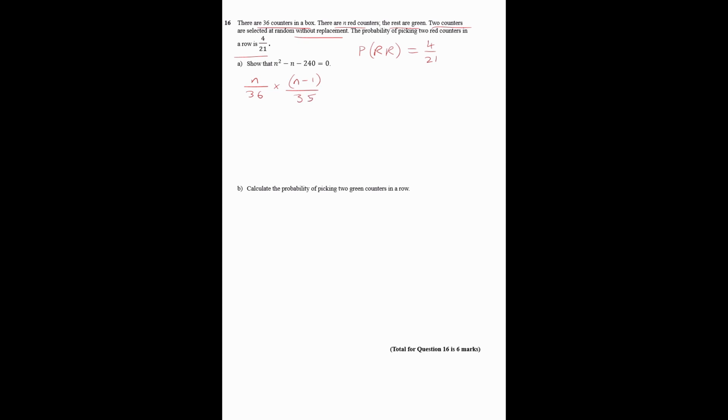So that's going to be the probability of picking 2 red counters. So this must equal 4 over 21. If I multiply out, 36 times 35 is 1260. So this is n squared minus n over 1260 equals 4 over 21.